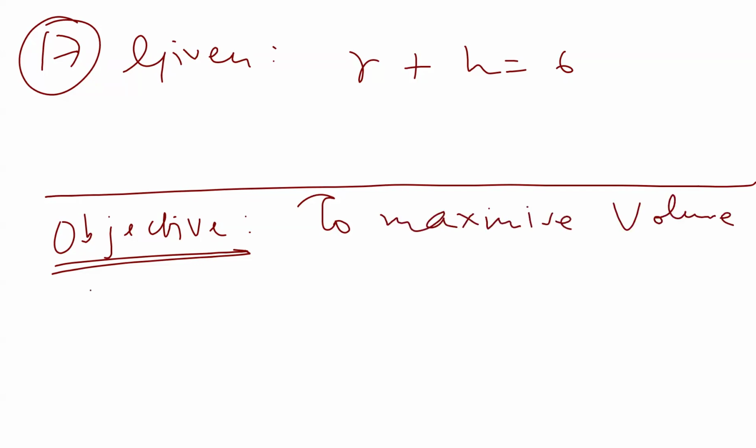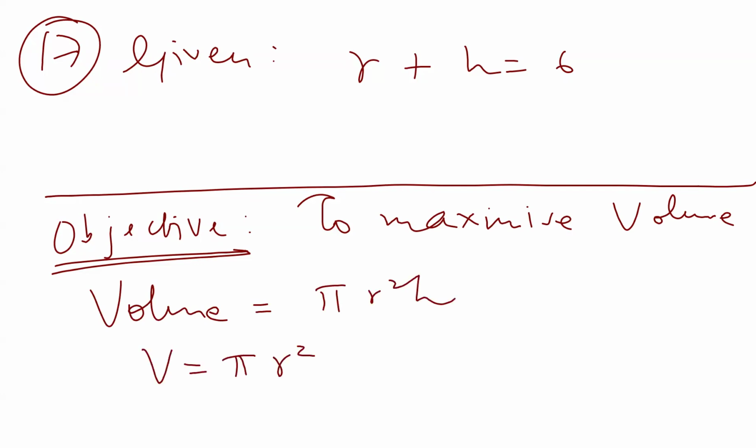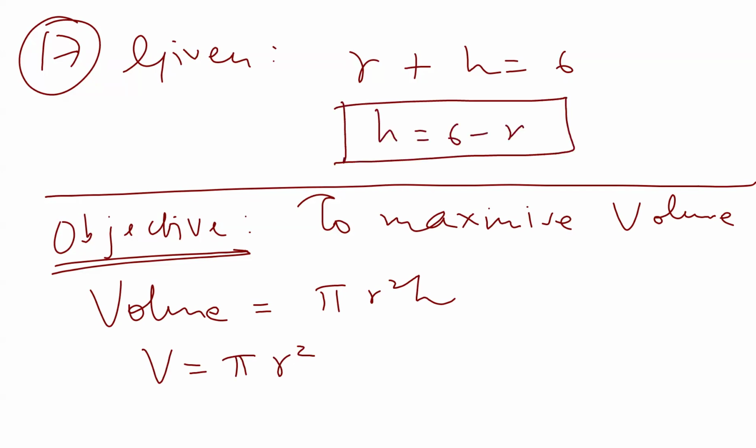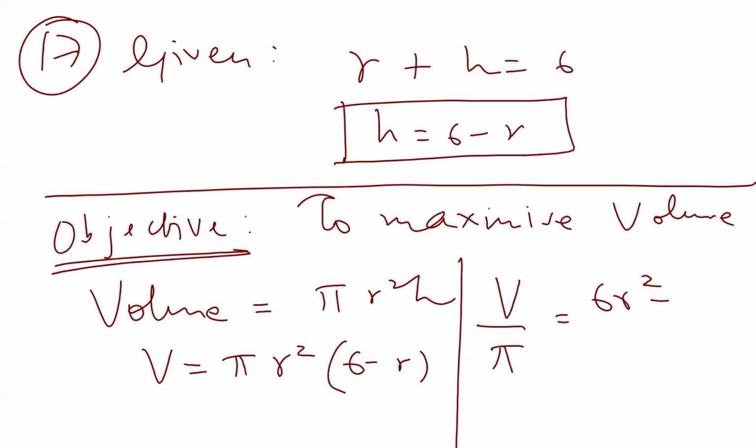So volume of a right circular cylinder is pi r square h. So V is equal to pi r square, h is equal to 6 minus r. So V upon pi is equal to 6 r square minus r cube.